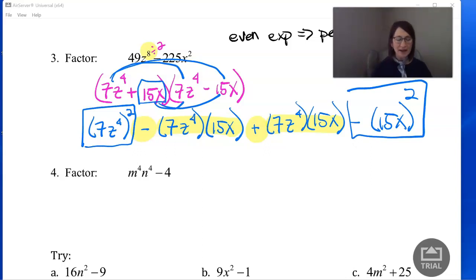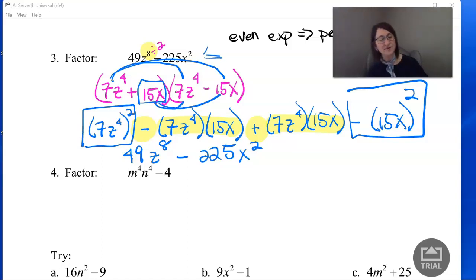And when I multiply that out, I get 49z to the 8th minus 225x squared, which is exactly where I started. Okay, so that check just shows that those conjugates truly are the factored form of that original binomial.